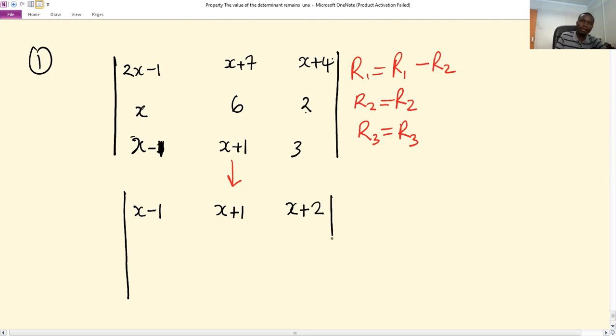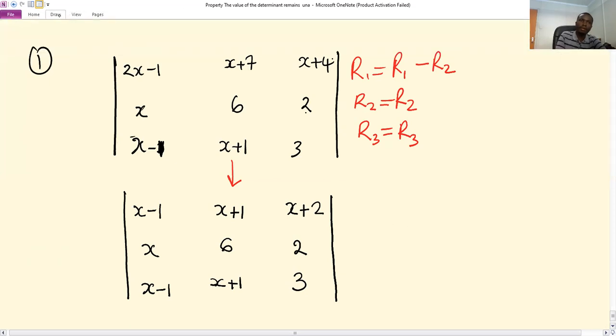And then this determinant: x, 6, 2; x minus 1, x plus 1, 3. So that's the first step. Remember, everything here will be equated to 0.